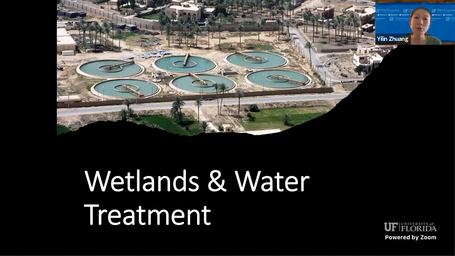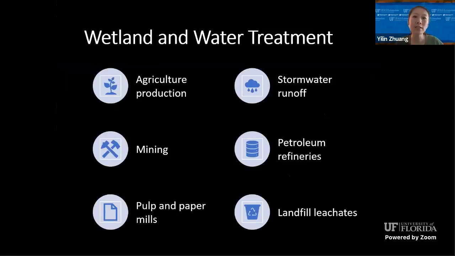Utilizing wetlands to treat water can be traced back to the mid-20th century. Today, natural wetlands and constructed wetlands are used globally to treat contaminated waters. Contamination can be any constituent in water that causes human or environmental harm. So in this slide, it gives you some idea where we can use wetlands to treat wastewater.